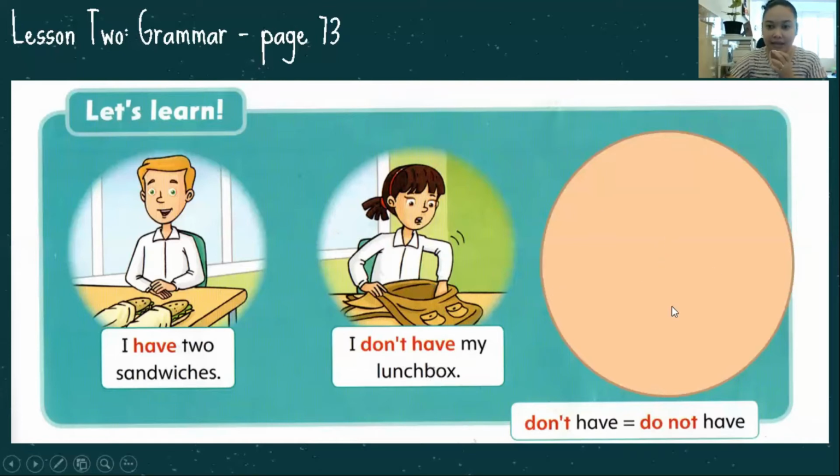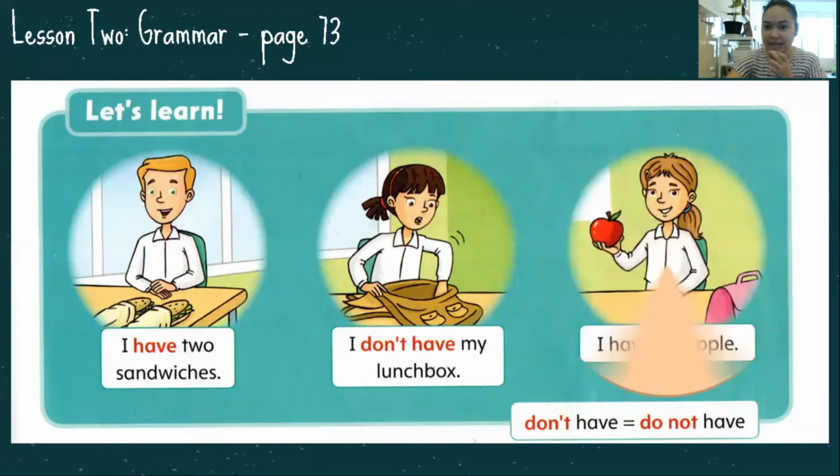Let's look at the third picture. What does the girl have? The girl has an apple. Yes. So let's read the sentence in the box. I have an apple.